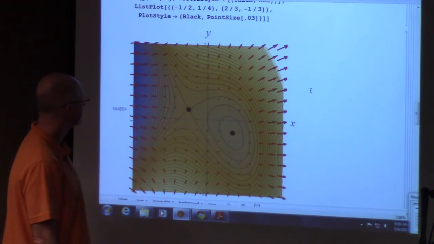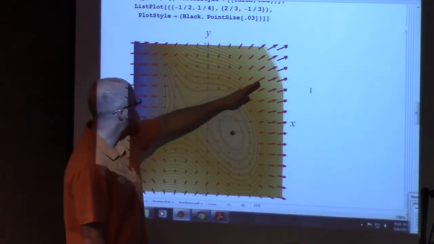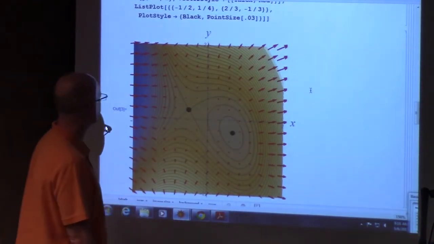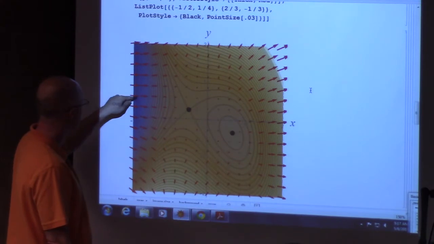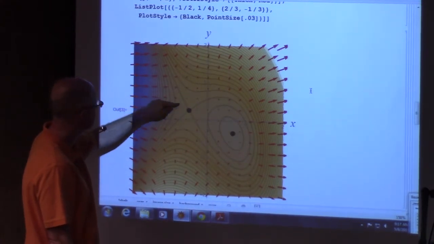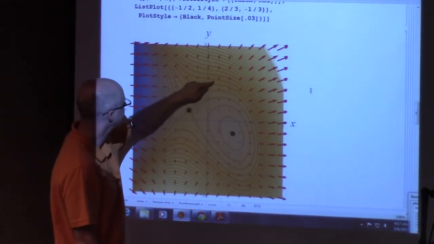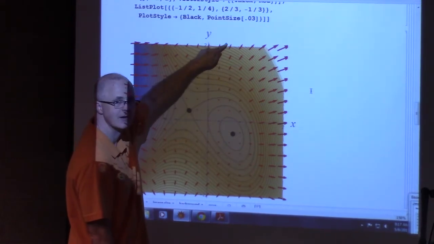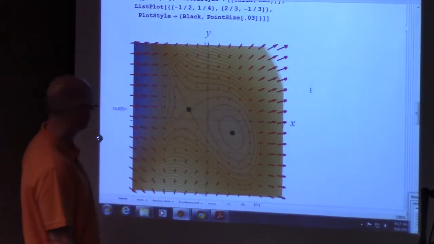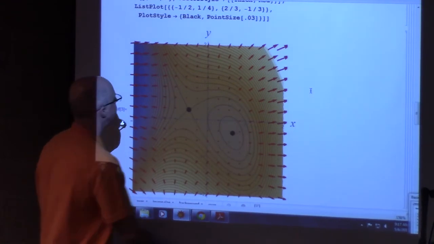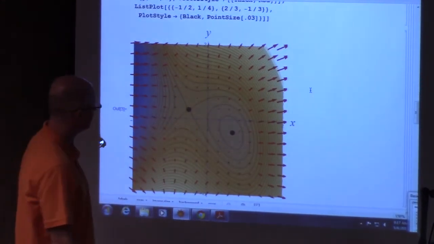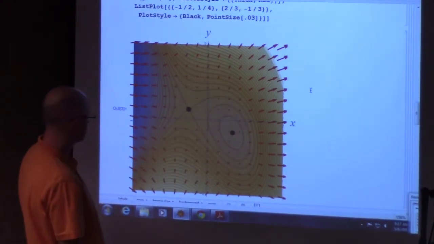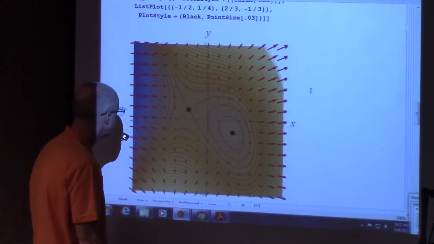You see that these vectors are orthogonal to the level curves of G. The solution curves, well, what would they have to look like? If I started right there, it'd have to go down a little bit this way, evidently before perhaps heading up this way or something. If I started here, you got to head up that way. I mean, some of these vectors are so small you can't tell what directions they're pointing in.